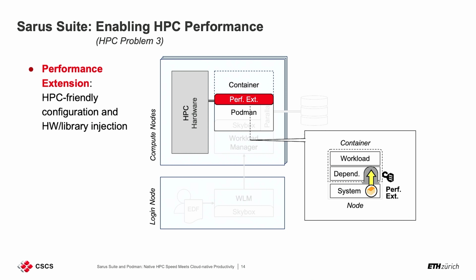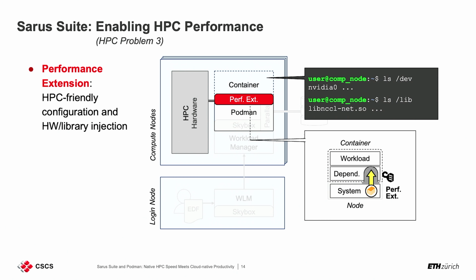One of the things that it does is injecting the hardware libraries inside the container, so the workload inside the container can see the HPC resources or libraries outside the container. This is very crucial if the workload inside the container wants to take advantage of those resources to enjoy the full HPC performance.